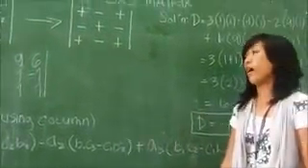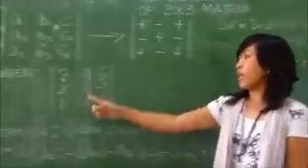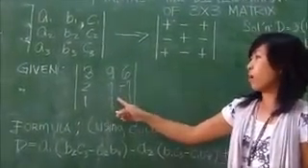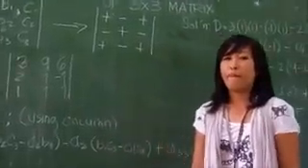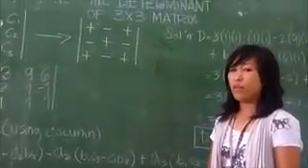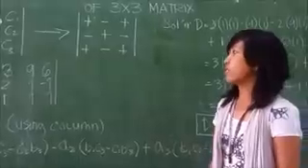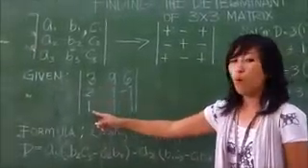For example, we have a given 3, 2, 1, 9, 1, 1, 6, negative 1, and 1. Now, get the elements of the column, which are 3, 2, 1.